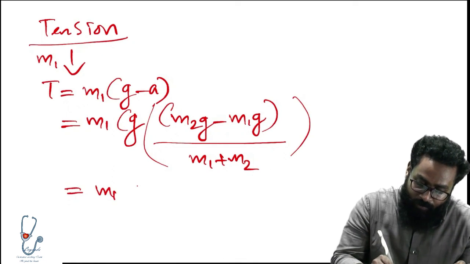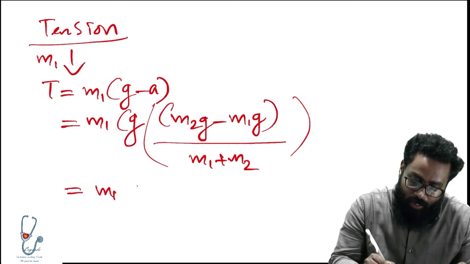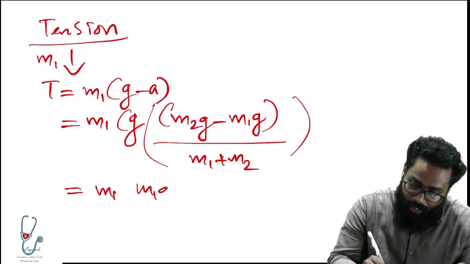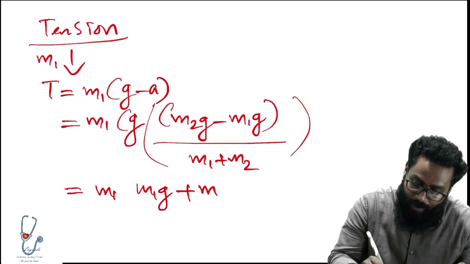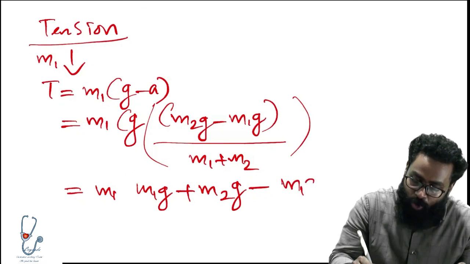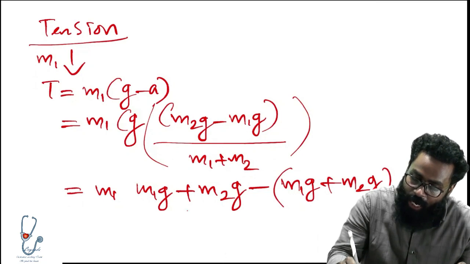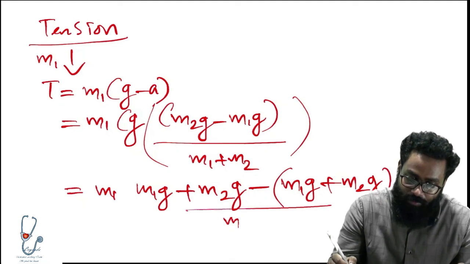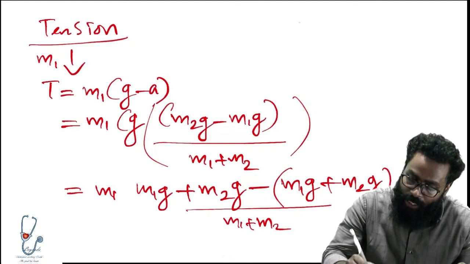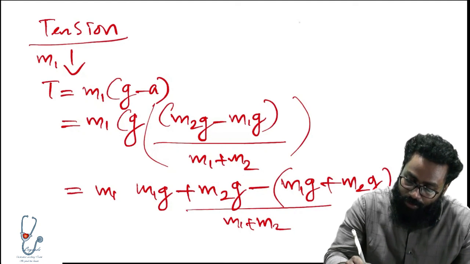Clear that? We can write it as m1g plus m2g minus m1g plus m2g, divided by m1 plus m2.